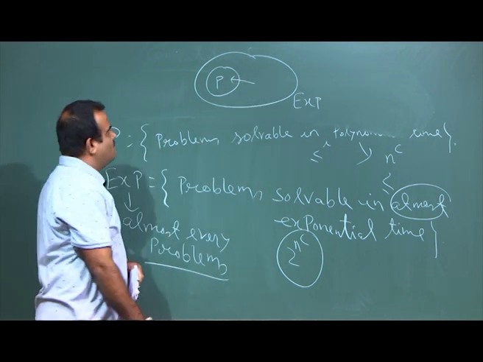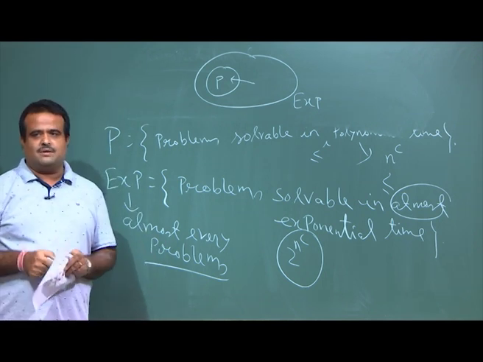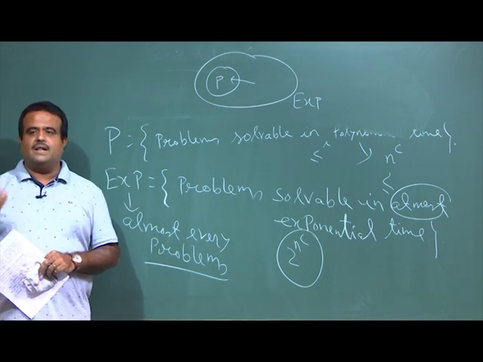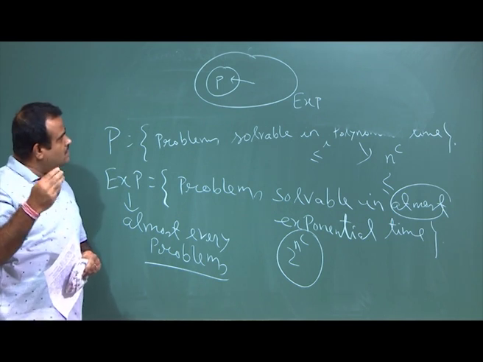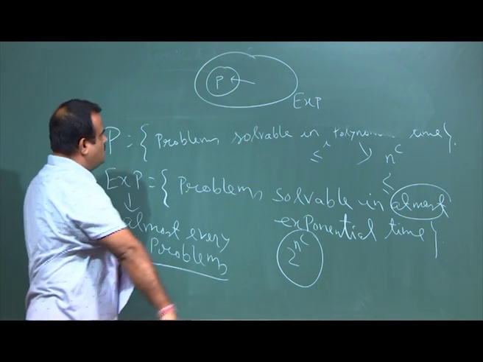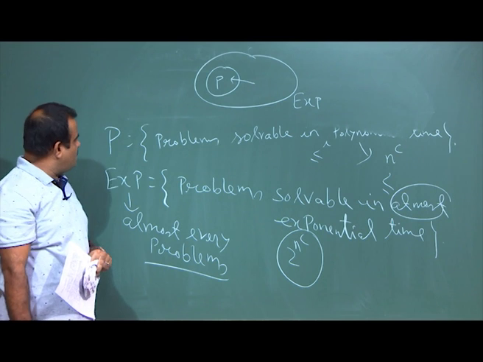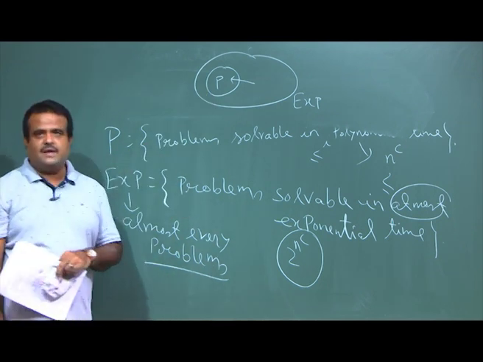We did that for the dynamic programming problem. We know it is an exponential time algorithm, but we try to solve it in polynomial time with the help of memoization. So P is a subset of EXP.